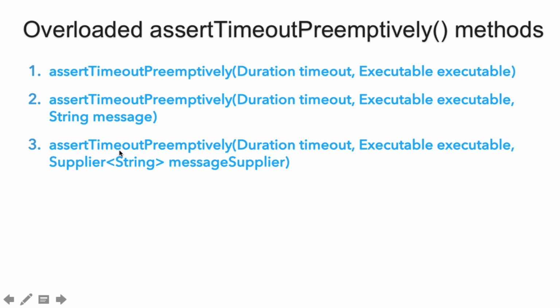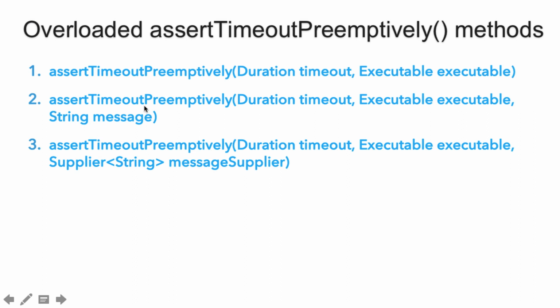The third overloaded method takes in a duration, an executable, and a supplier functional interface. This supplier functional interface acts as a message supplier. It supplies a message in the form of a string. The only difference between these two methods is that this supplier functional interface gets lazily evaluated to a string only when the test case fails.